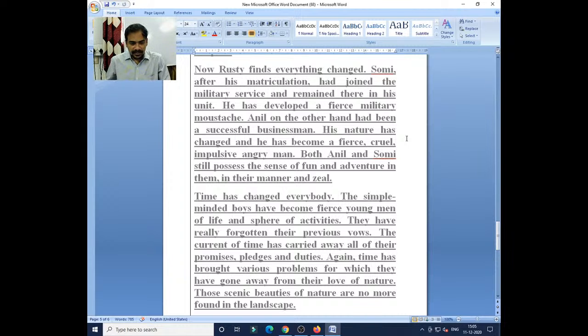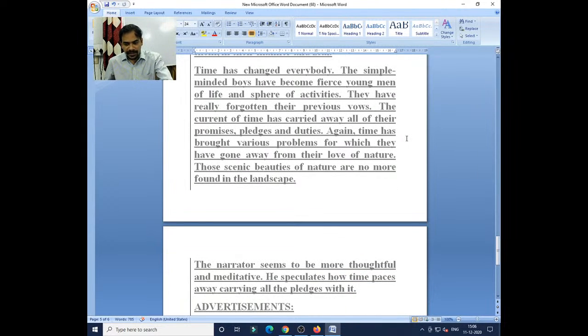Okay. So the last part you can see here, time has changed everyone. The simple-minded boys. When you were students, I am telling you, at this stage some children are getting the simple mind changing. Before class 5th, you had a very simple mind. There was no dirt.